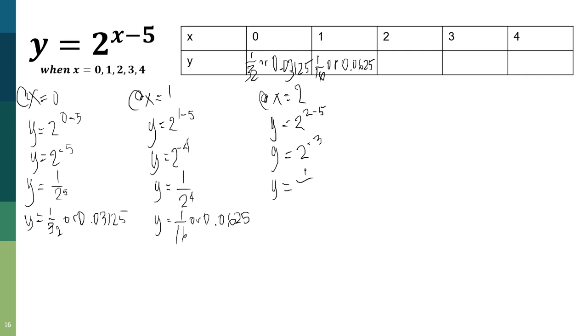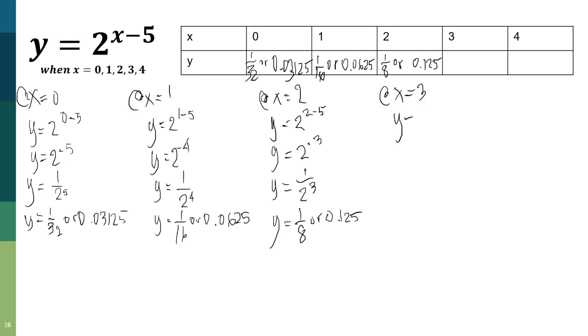That is 1 all over 2 cubed. That is y is equal to 1 all over 8, or 0.125. We will put it in our table of values, 1 all over 8 or 0.125.